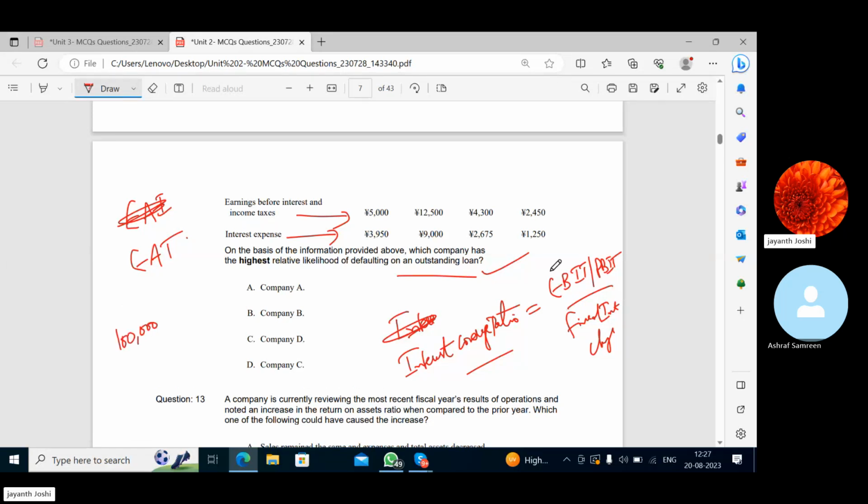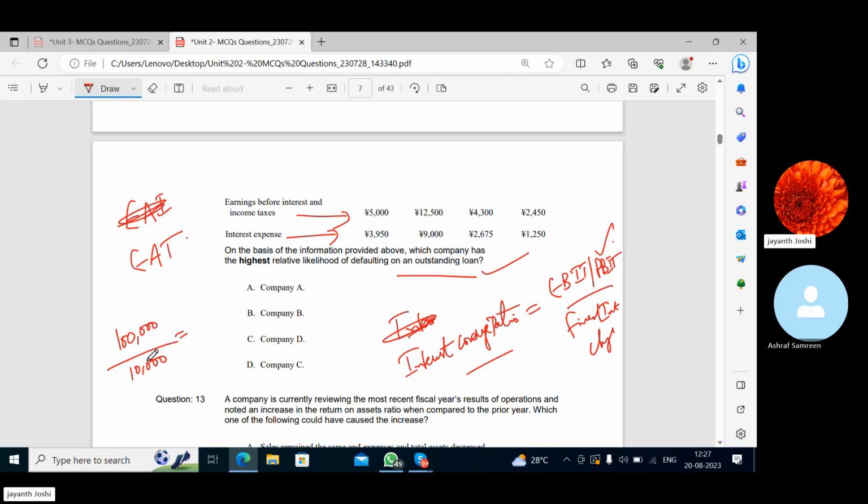Why am I taking PBIT? Because the company will pay the interest payments out of operating profits, not net profits. Operating profit is PBIT. Are you understanding? Yes. Because from operating profit, if I remove interest, I get net profit. So operating profit by fixed interest charges is, let's say, 10,000.